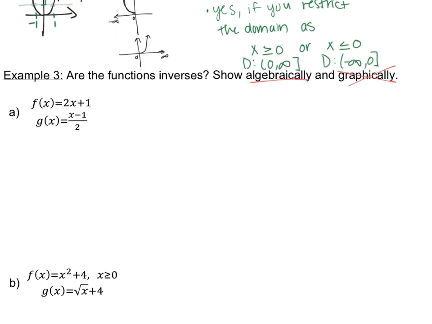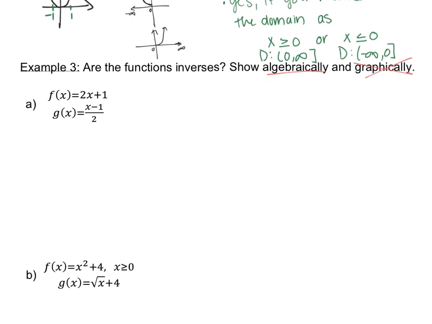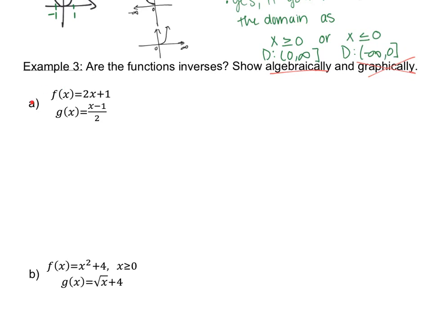Personally, do whichever one is easier. So for A, it doesn't matter which one I plug in. I'm just going to choose f plugging in g, just to show you how to do things first, and then I'll teach you more strategies.